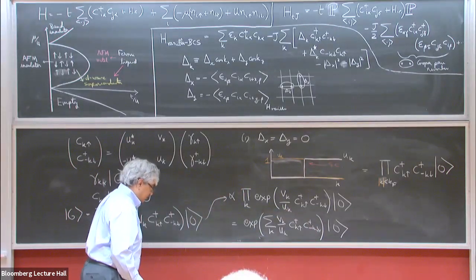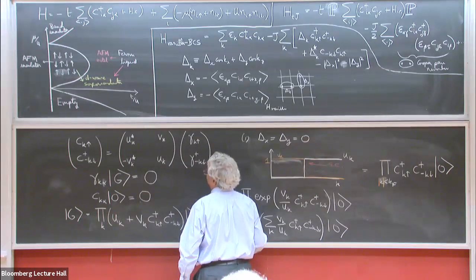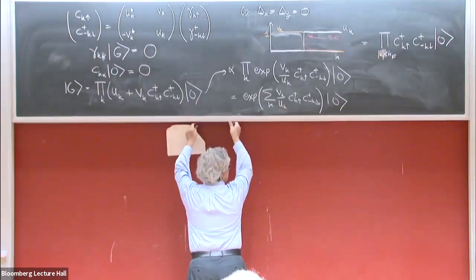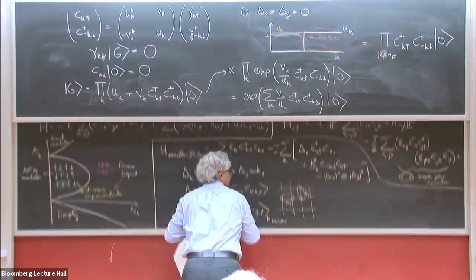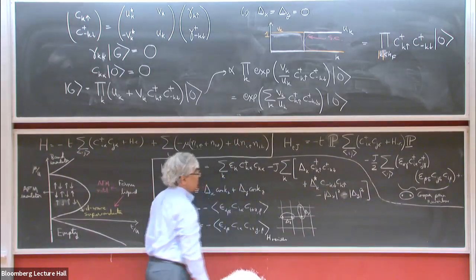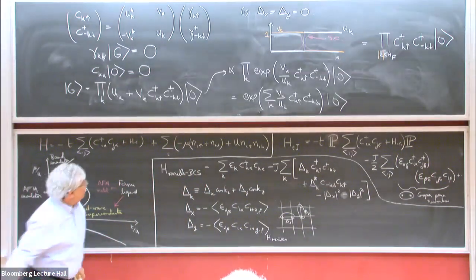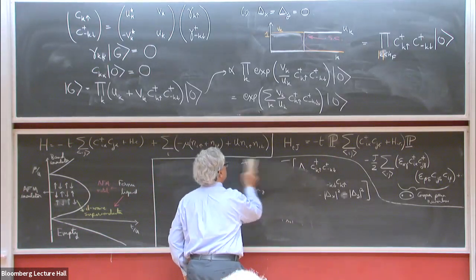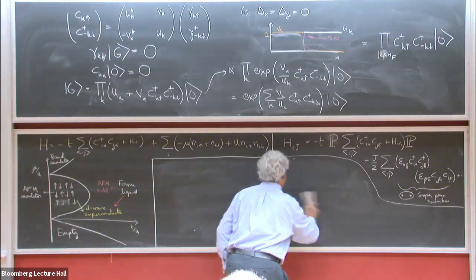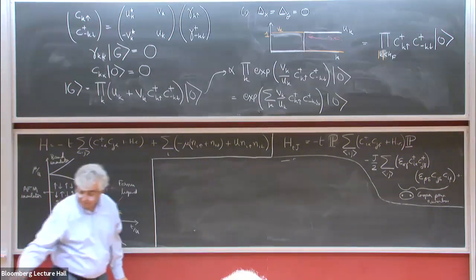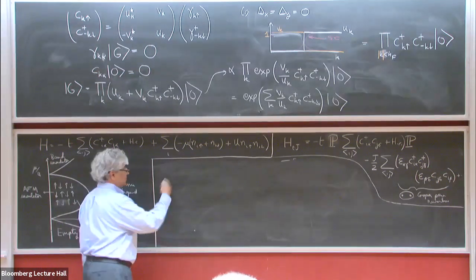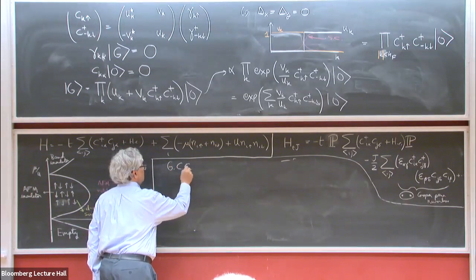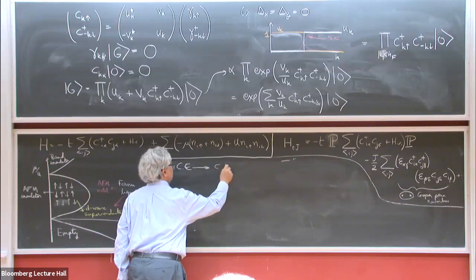So what I'm going to do now is just project out the term in here that fixes the total number of particles. So let's imagine we have a total of n particles. This is just the same as going from the grand canonical ensemble to the canonical ensemble.